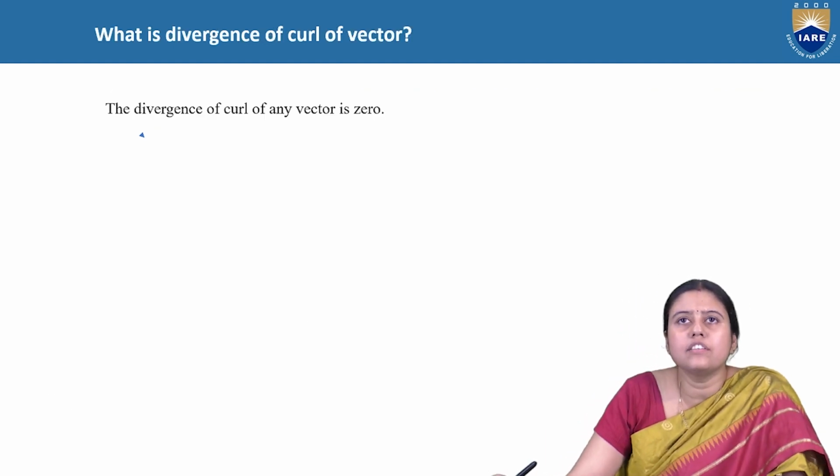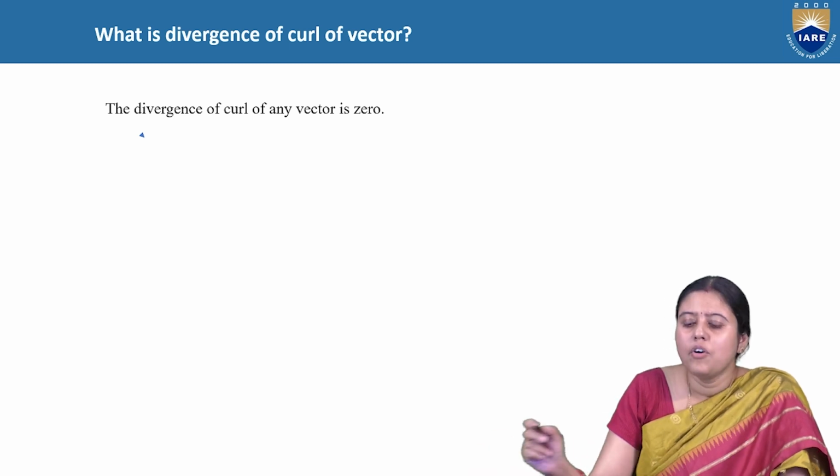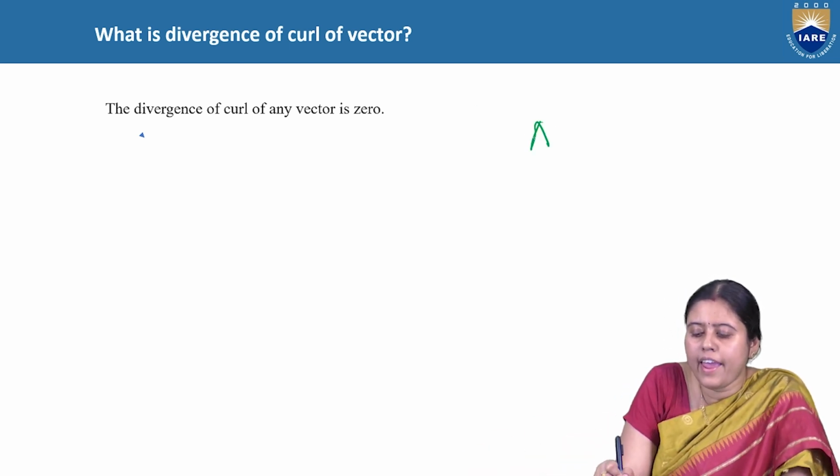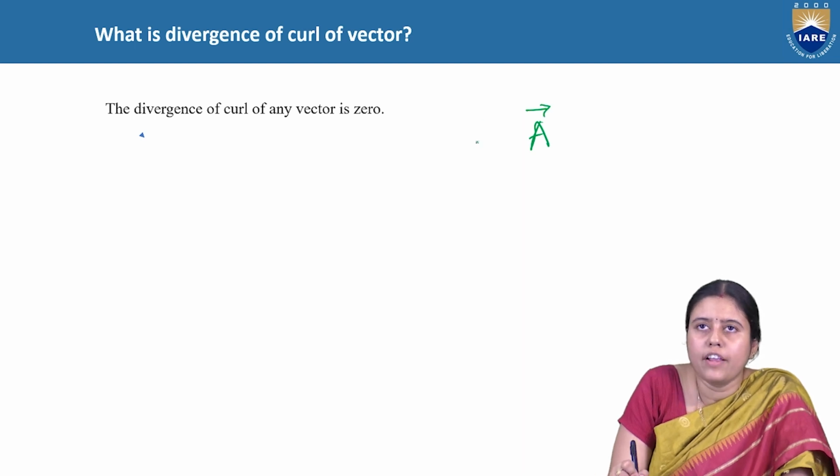What is the divergence of the curl of a vector? What is the meaning of divergence of curl? Say A is a vector. We want to calculate the curl.